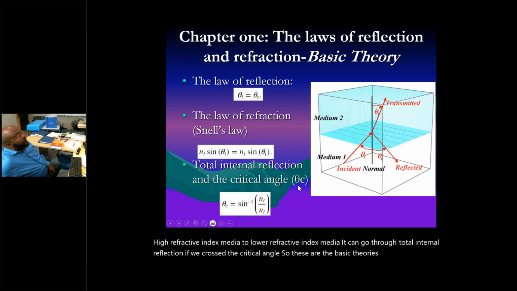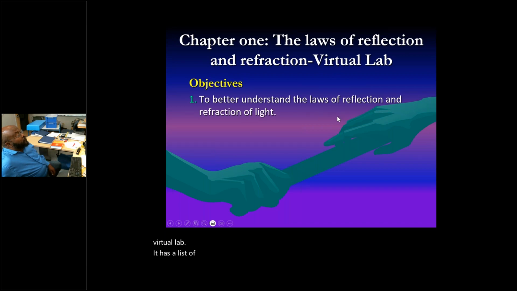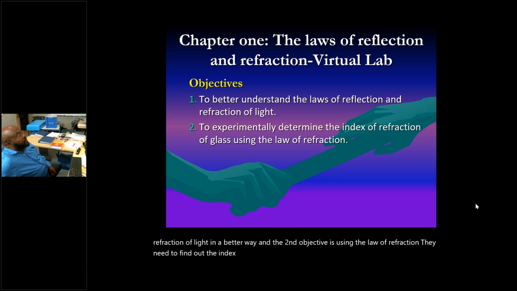It's brief. So they read this basic theory, and then if it is a remote class, they are going to use a virtual lab. The virtual lab has a list of objectives. The first objective is to understand the laws of reflection and refraction of light in a better way. The second objective is, using the law of refraction, to find the index of refraction of glass.